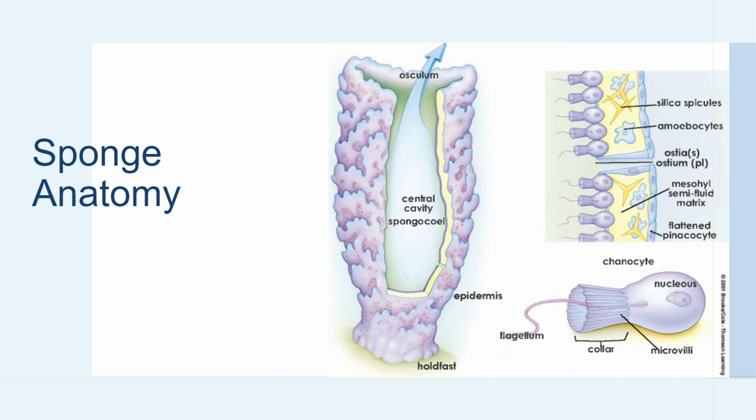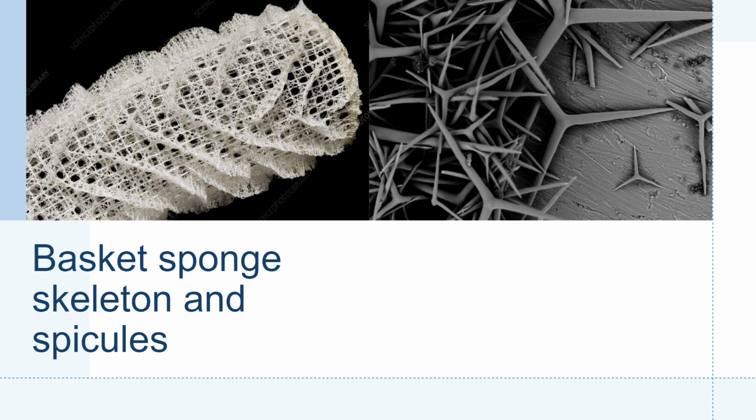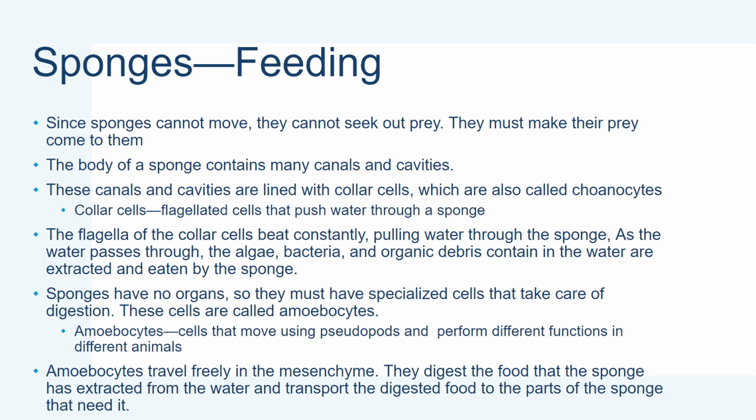They will take in food through pores on their sides called ostia, and the inside collar cells have cilia that beat around a central flagellum, along with the gel-like mesohyl and the flattened cells of the epidermis. We will see processes occur in the sponge that you might be more or less familiar with. Here are the spicules of the basket sponge with a hard calcium carbonate skeleton.